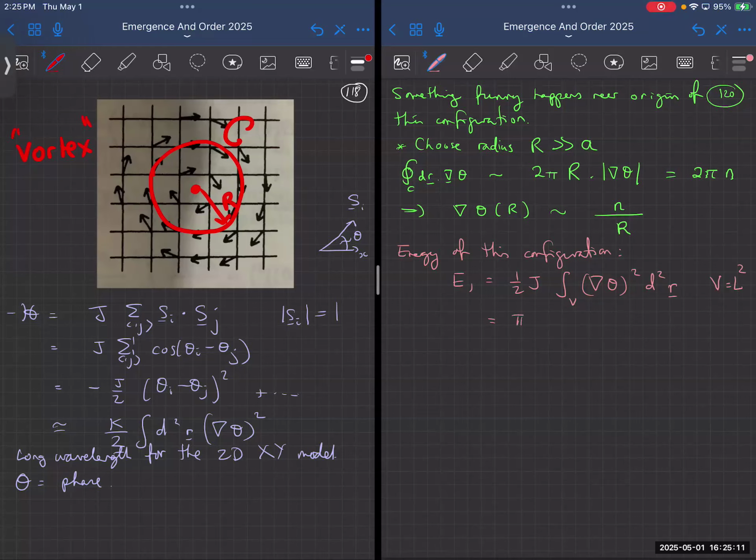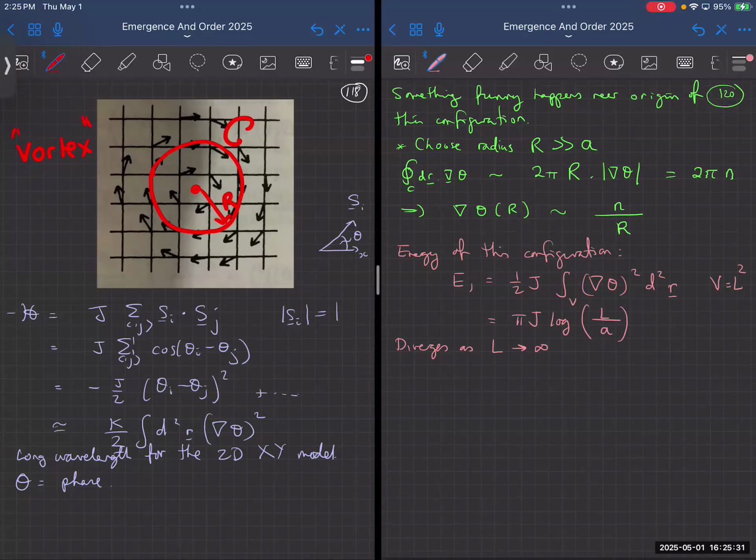It's going to go like pi J times the logarithm of L over the lattice spacing a. And so that's going to be logarithmically diverging. So this diverges as the system size goes to infinity.